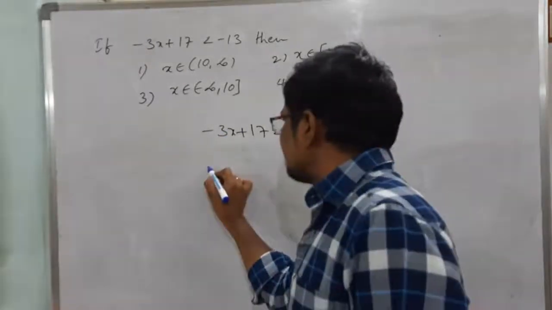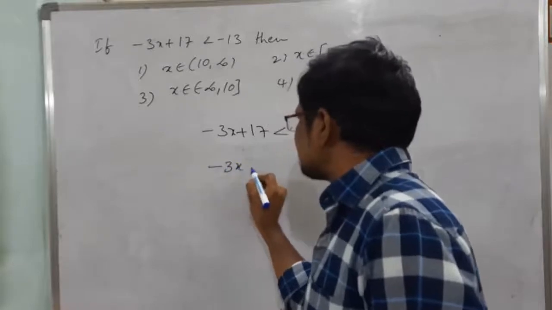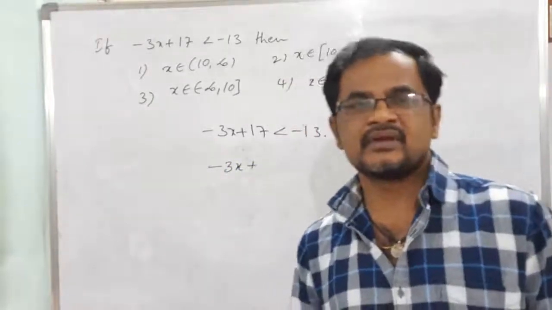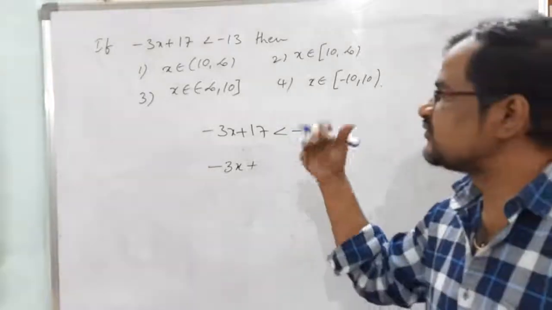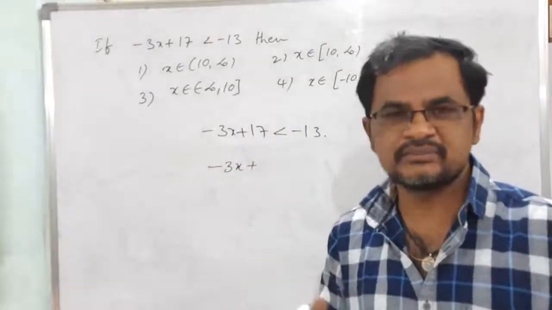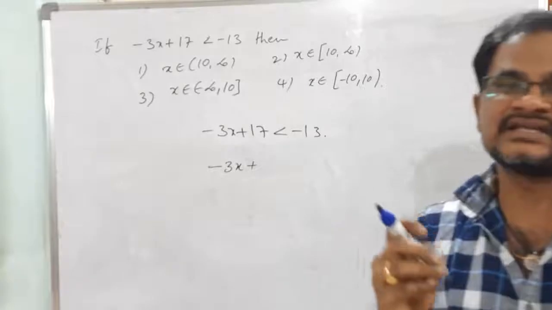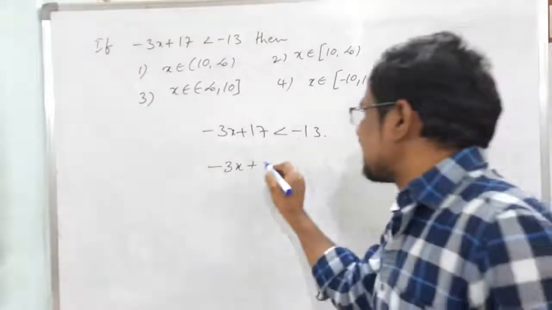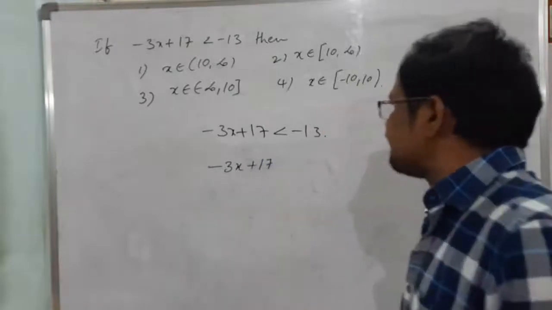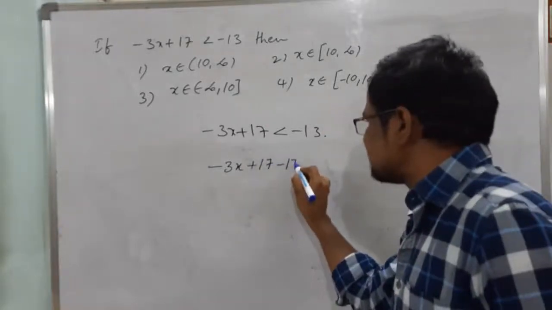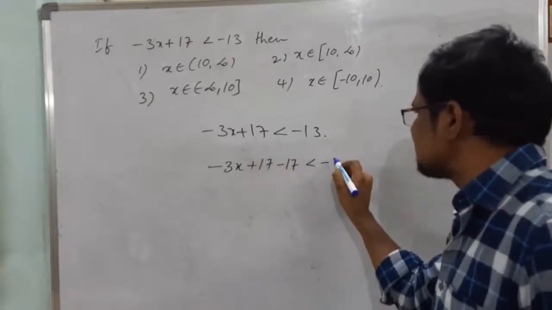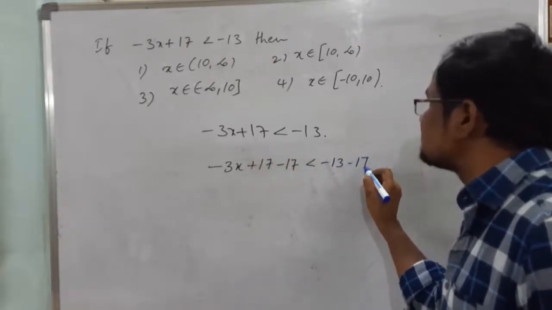So what we have to do: minus 3x plus 17. I already told you, in any chapter, before watching this video, you should prepare the problems in the NCERT textbook. So minus 3x plus 17, here minus 17 on the less-than side, so here also we have to take minus 17.